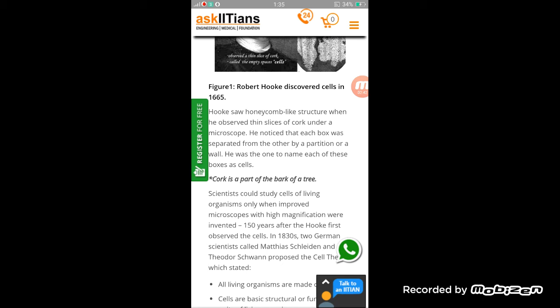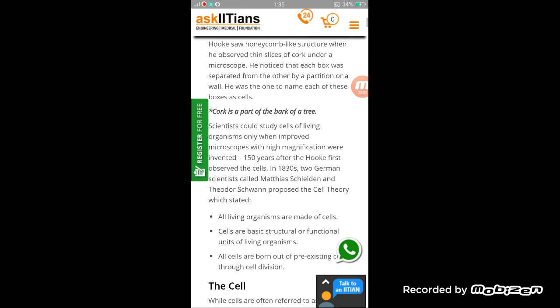When he was observing, he saw some honeycomb-like structure in a thin slice of cork under a microscope. And do you know the microscope was made by Robert Hooke only. So he first made his own microscope and then discovered the cell on the slice of the cork.